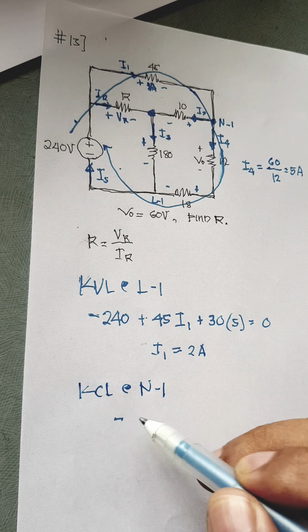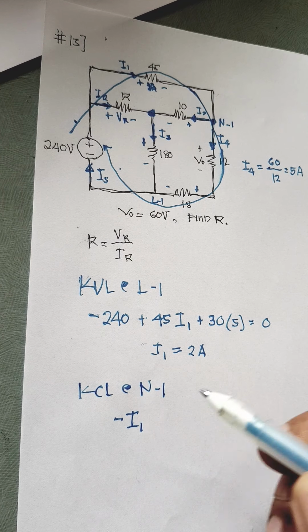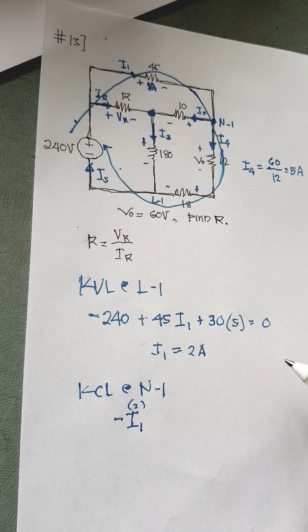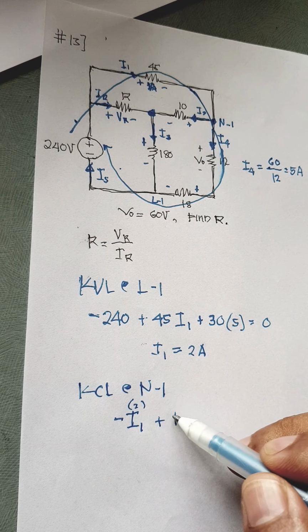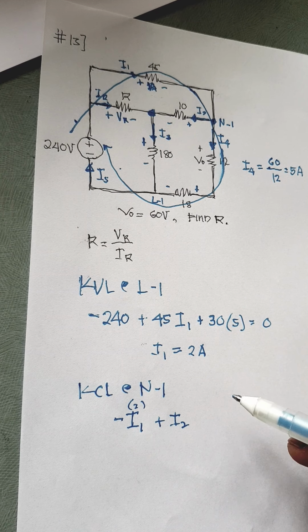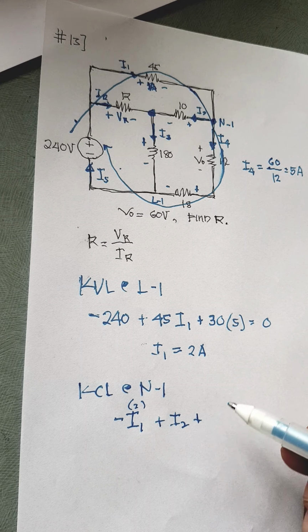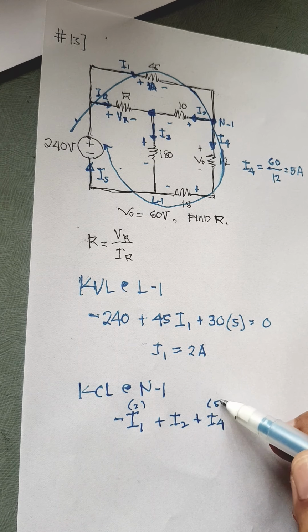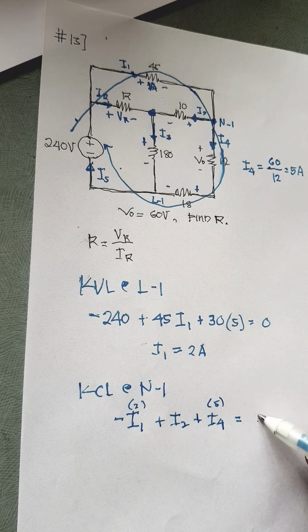So negative I1, and by the way, I1 we have already gotten as 2. Let us put there 2. And then plus I2 going away, that is why plus. And then plus I4, and I4 is already given also as 5, equals 0.